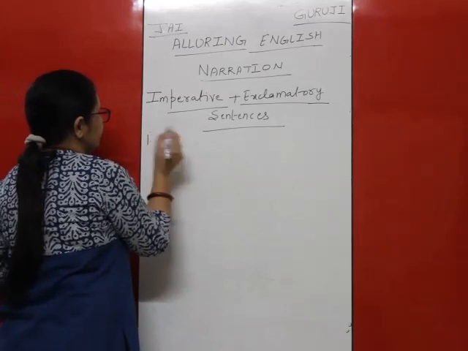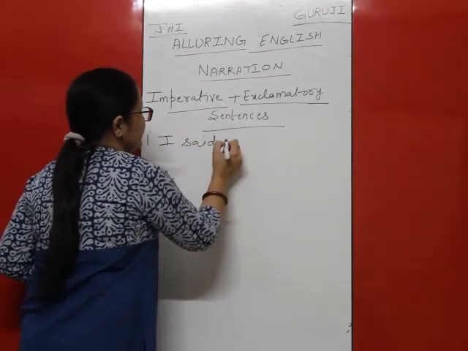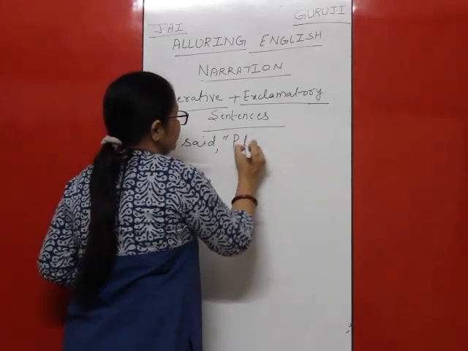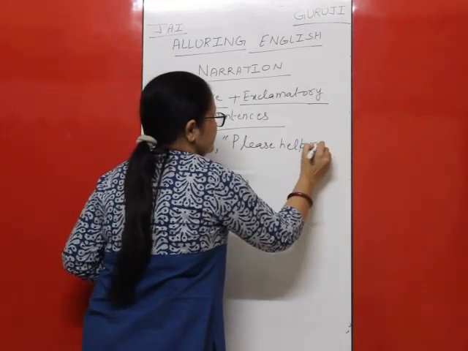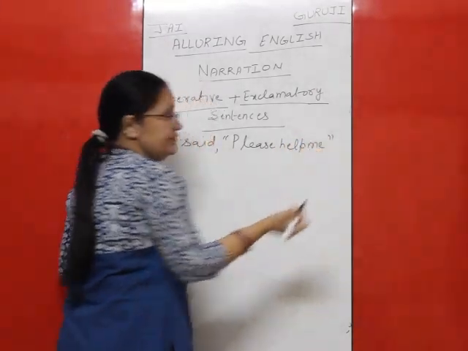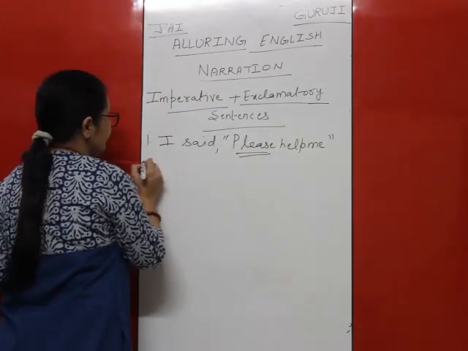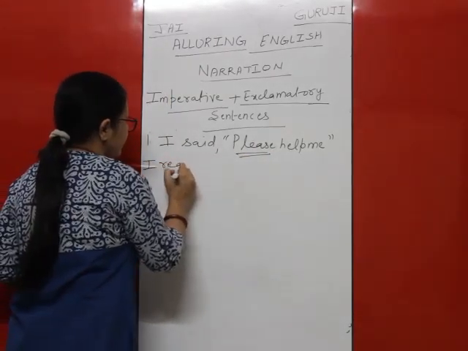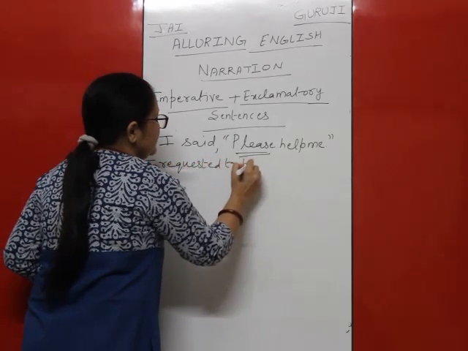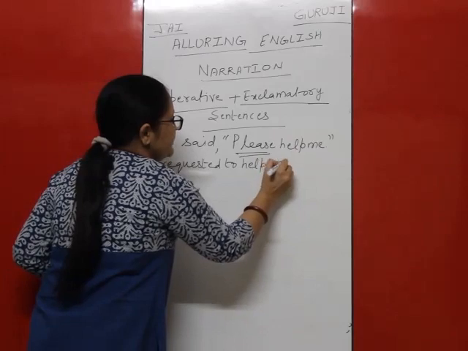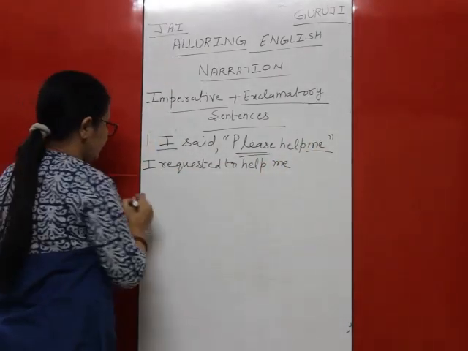First example, I said, inverted commas, please help me. It is very much clear that this sentence is a request. So I will simply write, I requested to help me. Me, first person, will go according to the subject. Subject is I only.